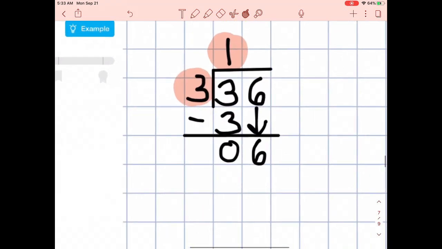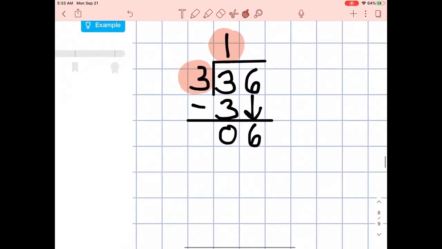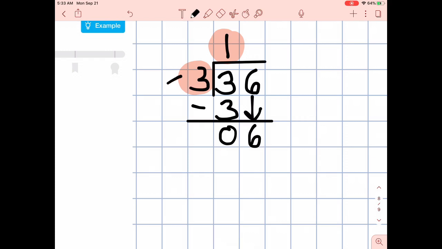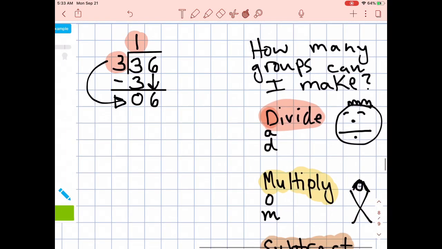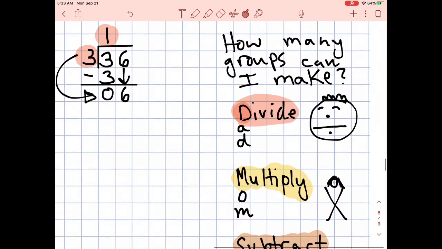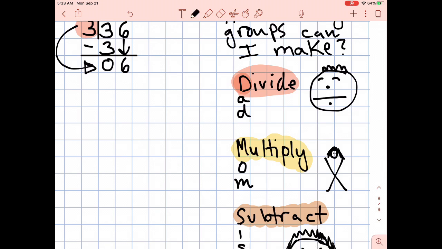So in our problem here, that little arrow would look like this. How many groups of 3 can I make with 6? See a little, there's the pup. But don't need that extra art on our math problem. How many groups of 3 can I make with 6? So to review here, we have how many groups can I make? That's number 1. Divide.